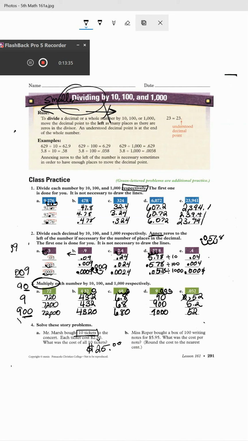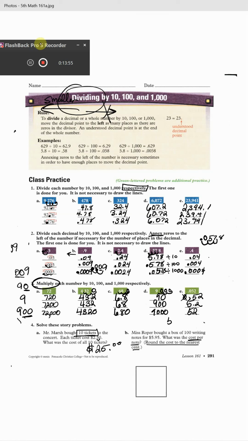Miss Roper bought a box of 100 writing notes that cost $5.95. What was the cost per note? So we're taking the whole box and dividing it up into per note card. We want to know how much each one costs, and they want us to round it to the nearest cent.